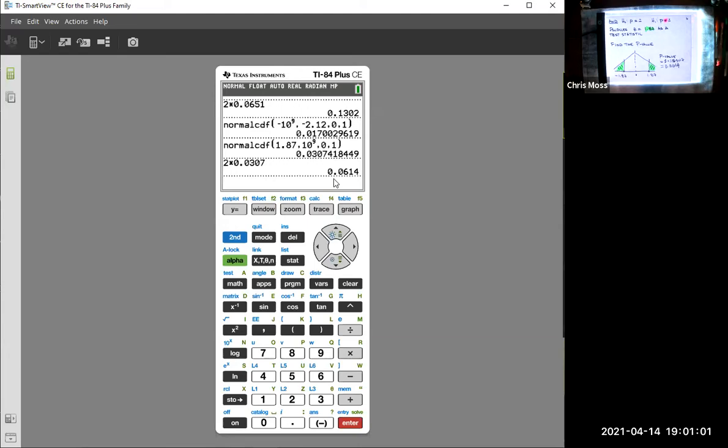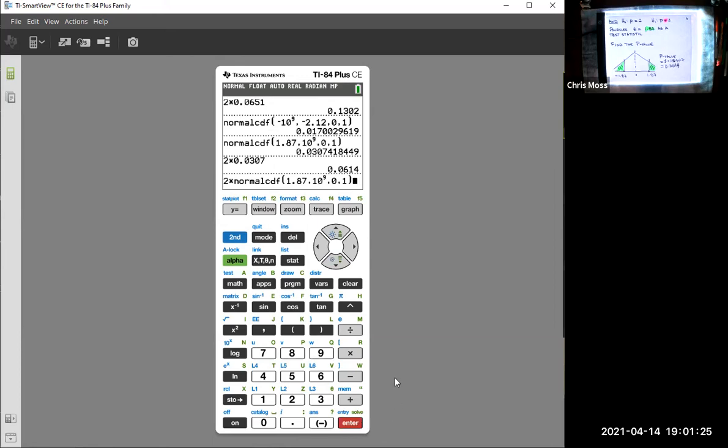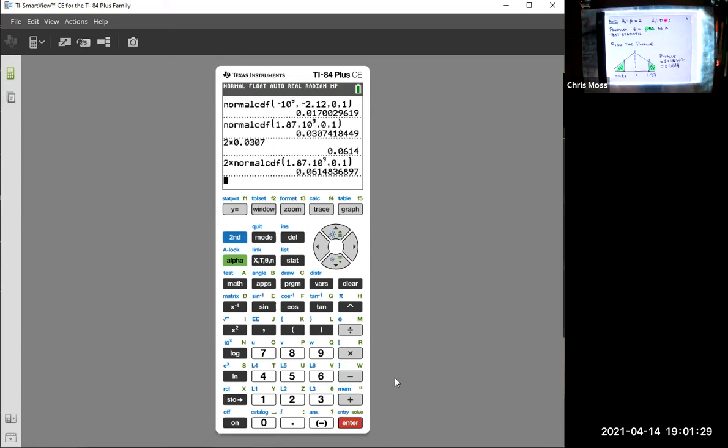A way to do this without having to multiply by 2 in a two-step process, and honestly this is the way most people would do it if they've had a little bit of experience, is to go 2 times, then run the distribution function, plug everything in, and let the calculator take care of the multiplication.